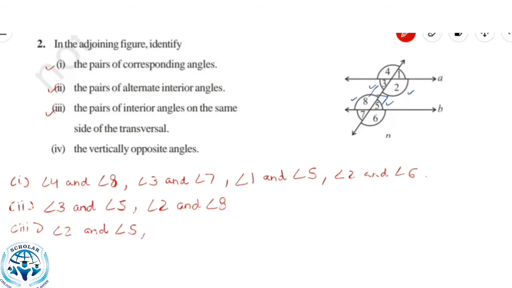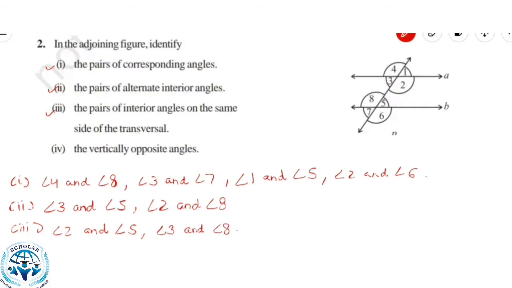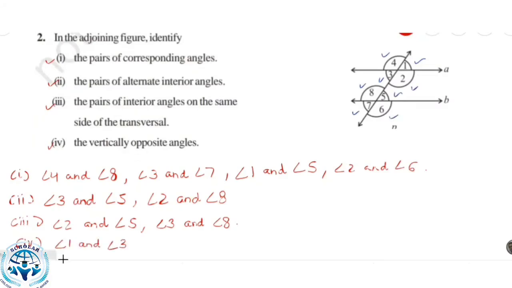These are two pairs of interior angles on the same side of the transversal, on the left side and on the right side. Now vertically opposite angles. The fourth one, angle 1 and angle 3, angle 4 and angle 2, angle 8 and angle 6, angle 5 and angle 7.